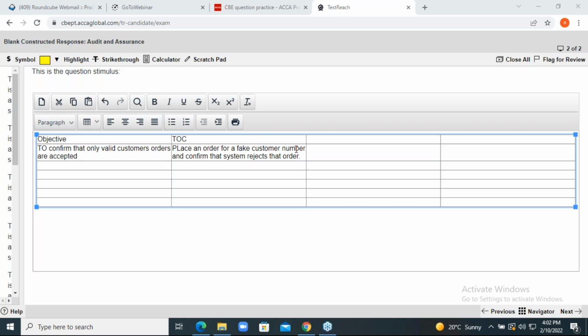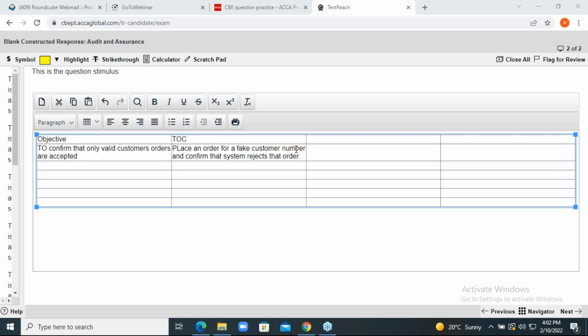The same is the case here: the system should not accept any fake customer order number, it should ask us for some passwords or confirmation, and it should not accept any customer number that is not already entered in the system.